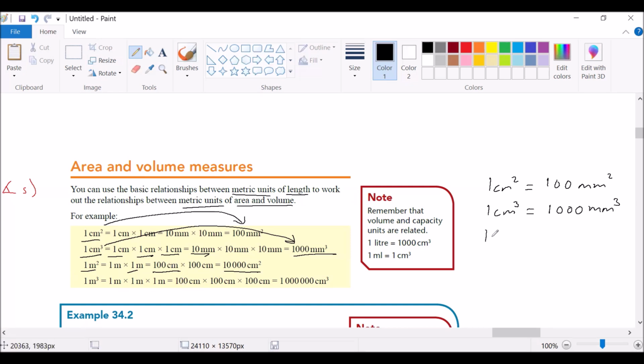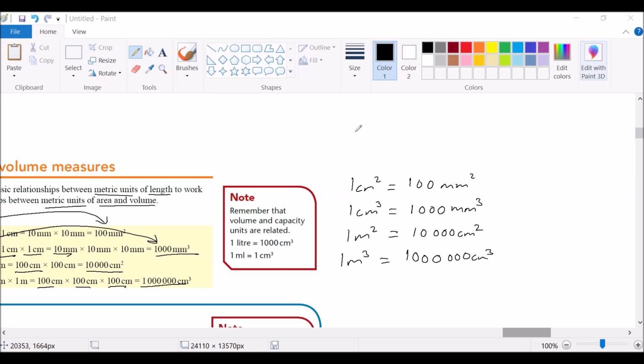So we are saying 1 square meter is equal to 10,000 square centimeters. 1 cubic meter is the same as 1 meter times 1 meter times 1 meter, which is 100 centimeters times 100 centimeters times 100 centimeters. So we have 1 cubic meter being equal to 1,000,000 cubic centimeters.